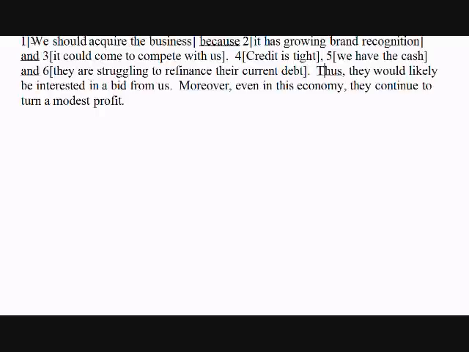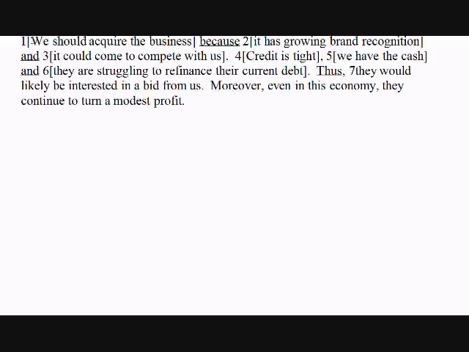Thus, 7. And lastly, we have 8. Even in this economy, they continue to turn a modest profit.